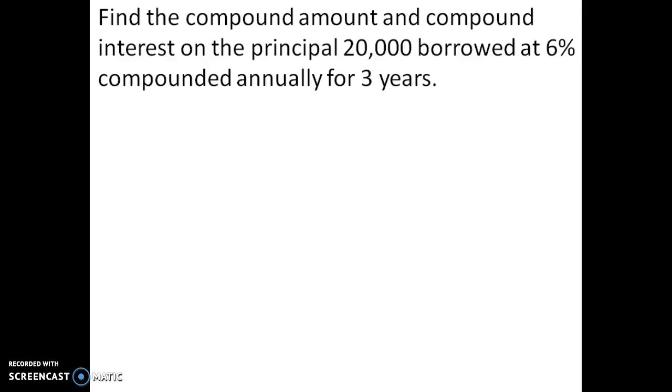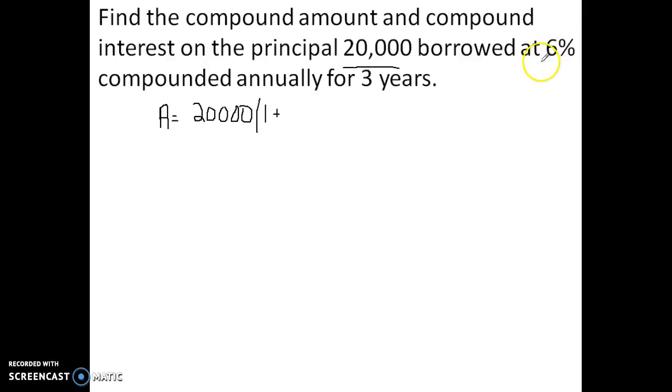So let's write out what we know, again, based on that formula we just showed. A is always the A that we're interested in. Our P comes next, which is $20,000. So let's write out our $20,000, and that's going to be times 1 plus our rate.